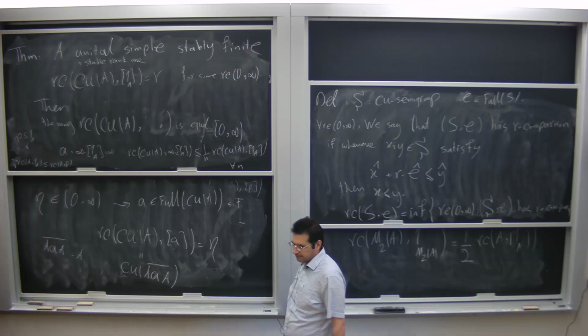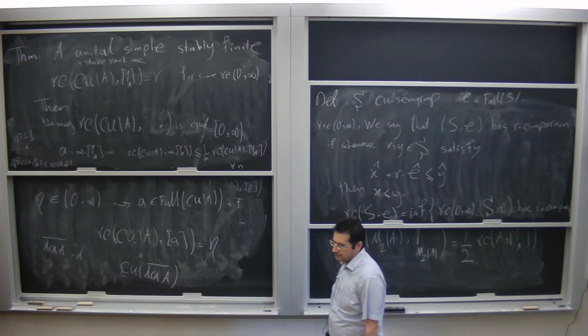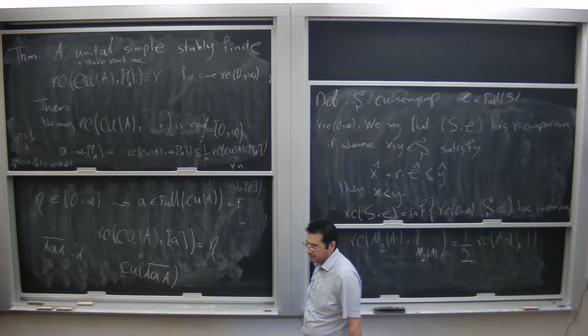It has projections. You look at the unital algebra to begin with, and then you stabilize it, but you keep track of this projection. If you look at other projections, then they show that those can have different relative radii of comparison for the same algebra.